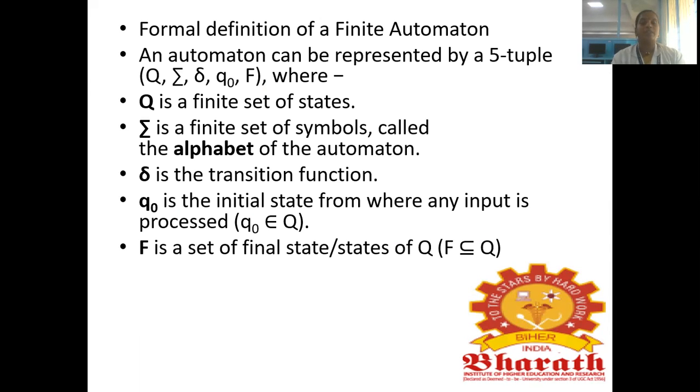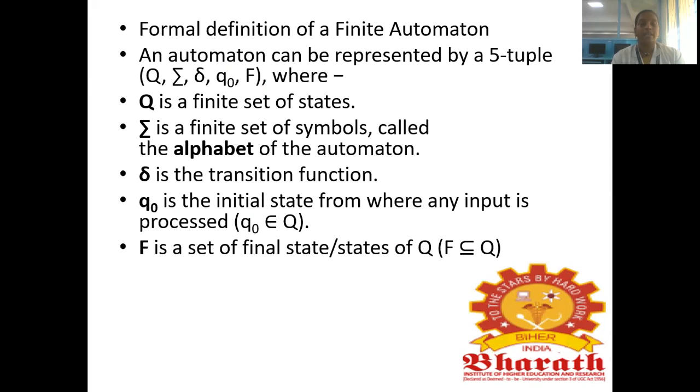It is a finite set of symbols, called the alphabet of the automaton. How many alphabets, symbols or languages can be used is called Σ. All the inputs, symbols and alphabets are represented by Σ.